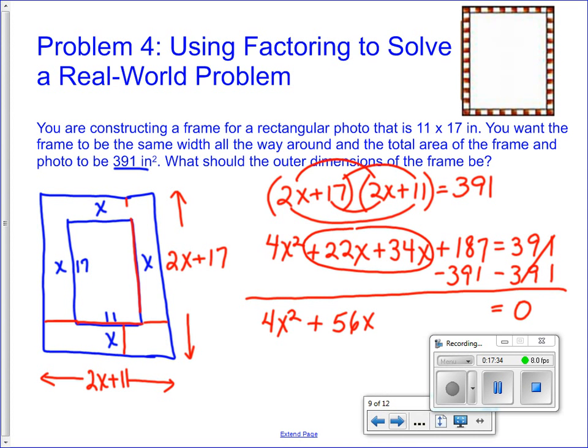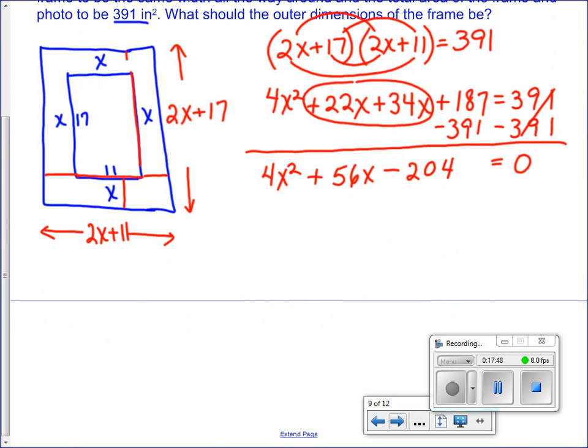And a positive 187 minus 391 would be a negative 204.